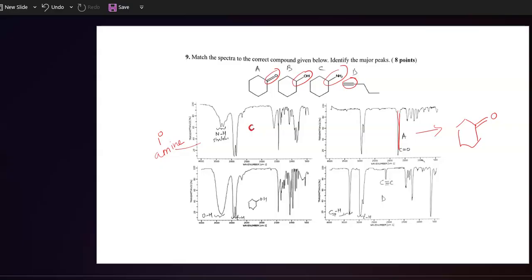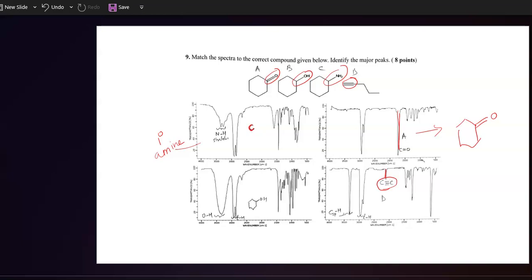Next, for the OH, you can see this tongue-shaped structure, so that's my OH peak. And for the alkyne, this characteristic peak here is my C triple bond C. It's a terminal alkyne, an unsymmetrical alkyne, therefore you will see the stretch for a C triple bond C.